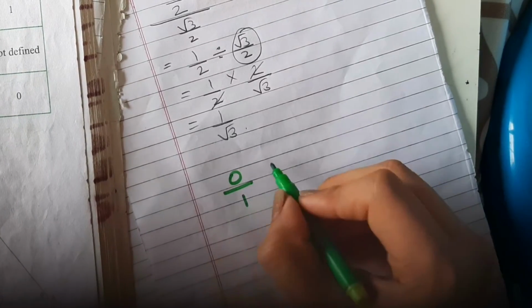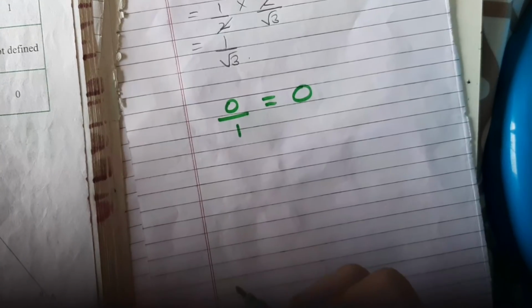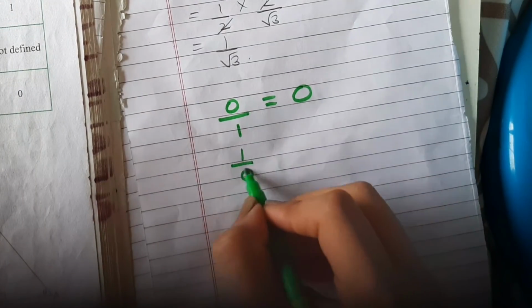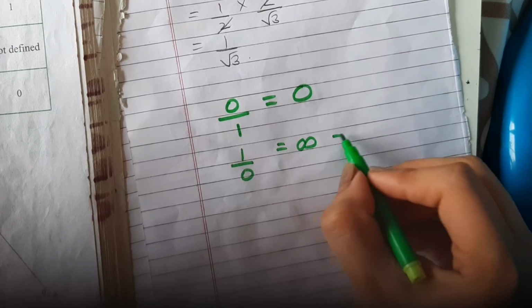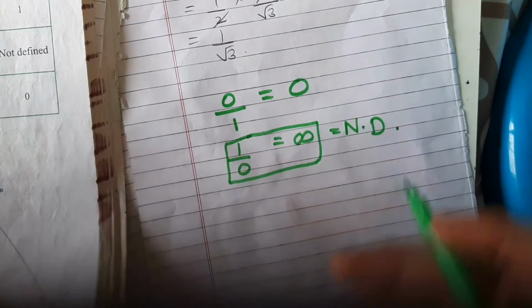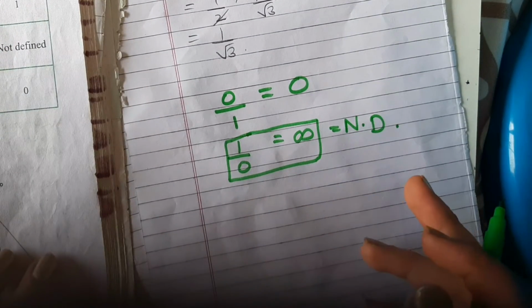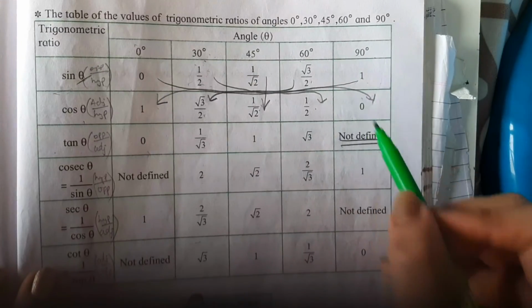You should remember that 0 upon 1 is always 0, and 1 upon 0 is infinity, which is not defined. We can't write infinity, so we write not defined.